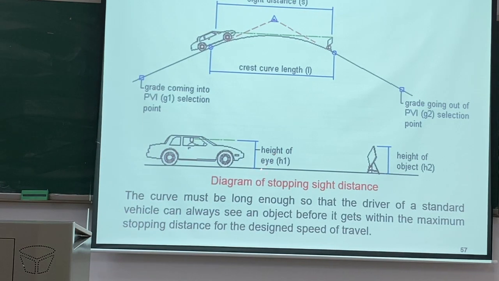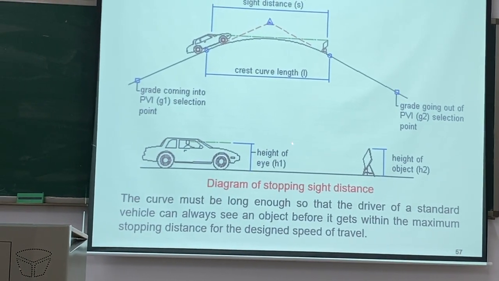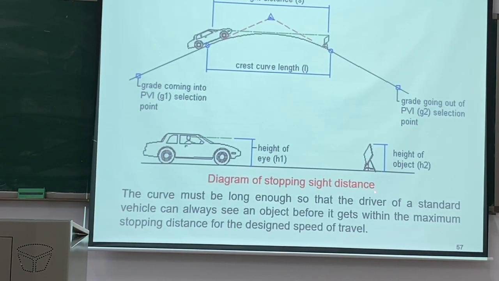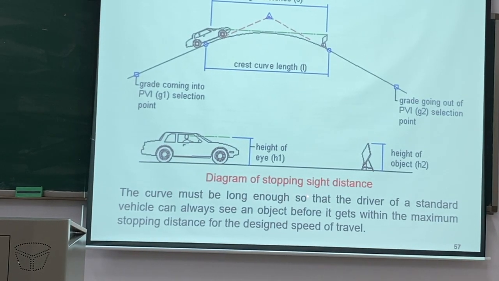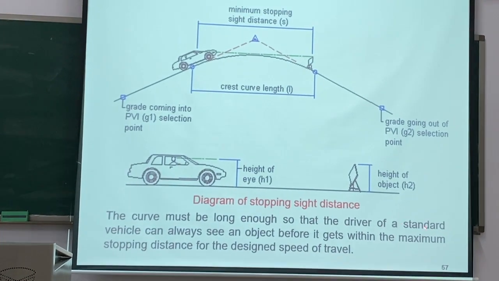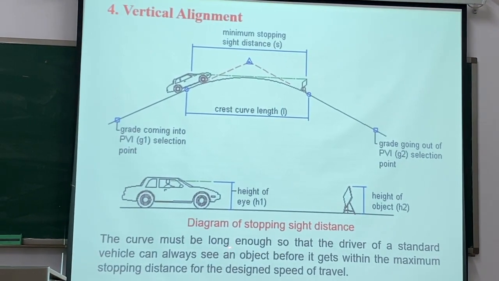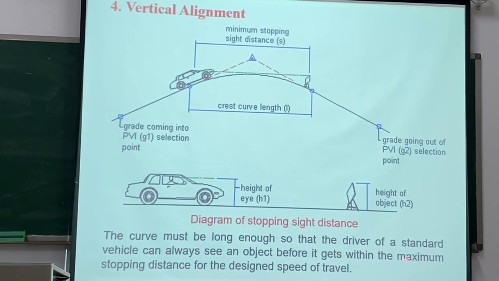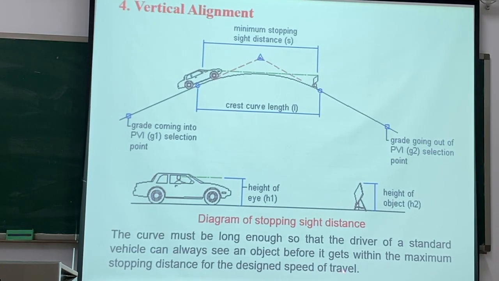This is the diagram of stopping sight distance, the height of eye 1 and the height of object 2. The curve must be long enough so that the driver of a standard vehicle can see an object before it gets within the minimum stopping distance for the design speed of travel.